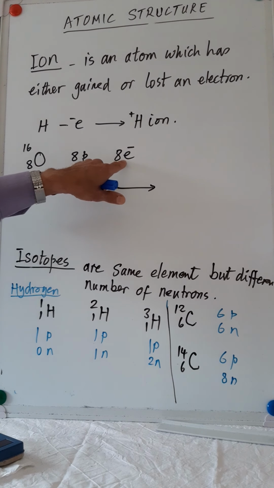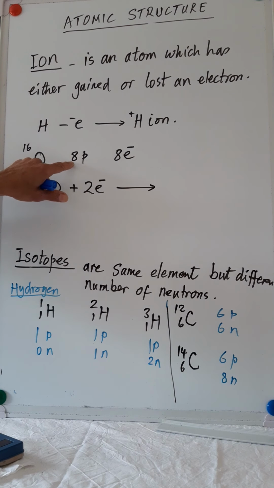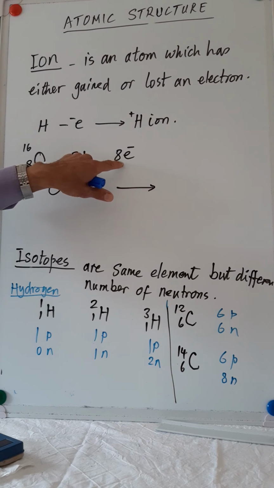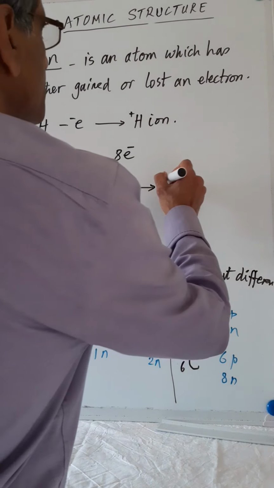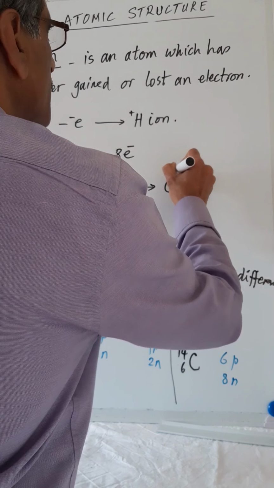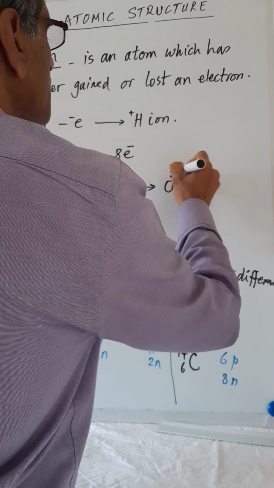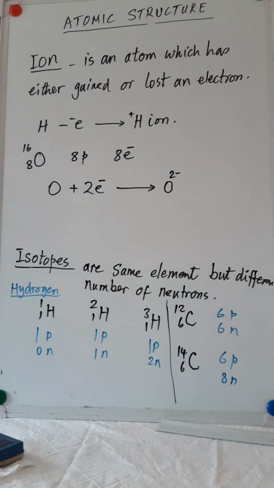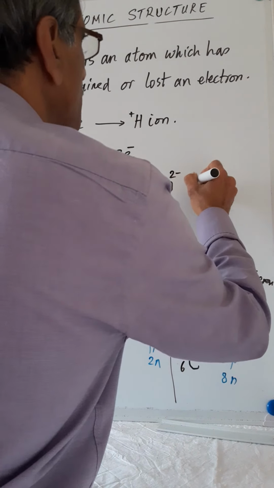It will have 10 negative charges, and there are only 8 positive charges to balance it. So there are 2 extra minus charges, and we say that it's O 2 minus. This is an oxygen O 2 minus ion.